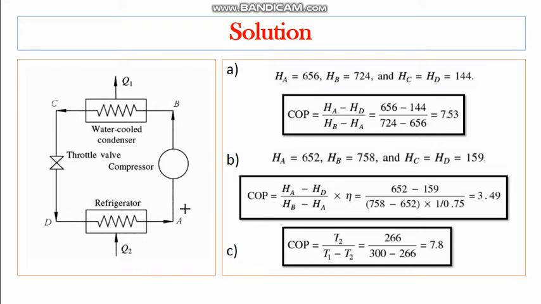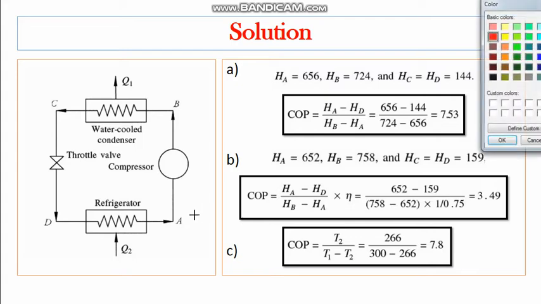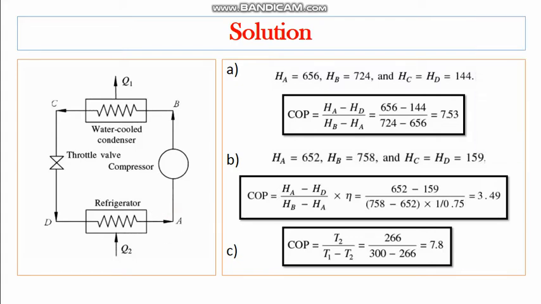The output of this refrigerator is vapor. It is a complete vapor, you can also call it a saturated vapor. When the saturated vapor goes into the compressor, it comes out as a superheated vapor.